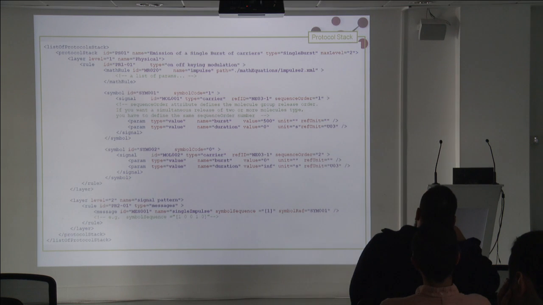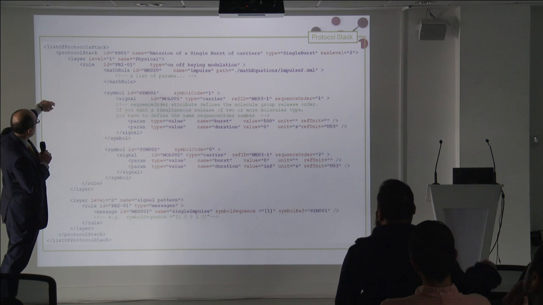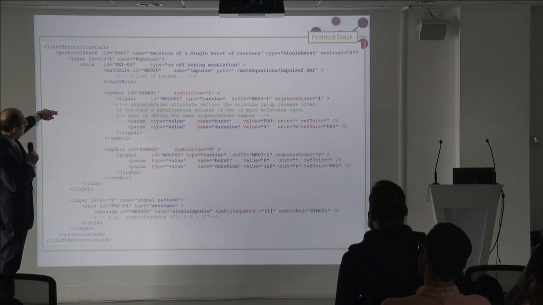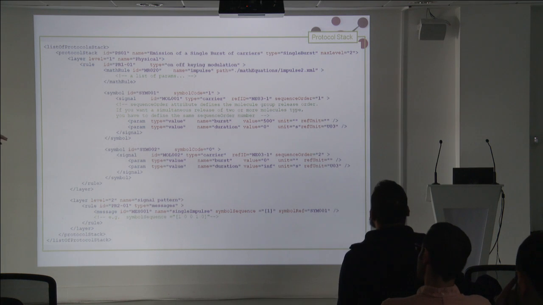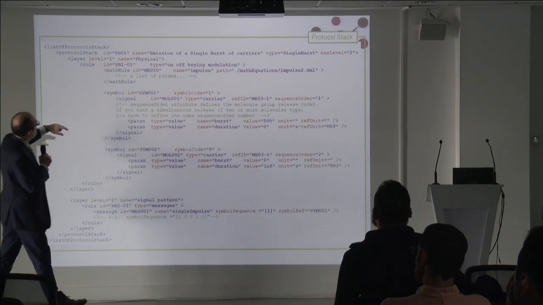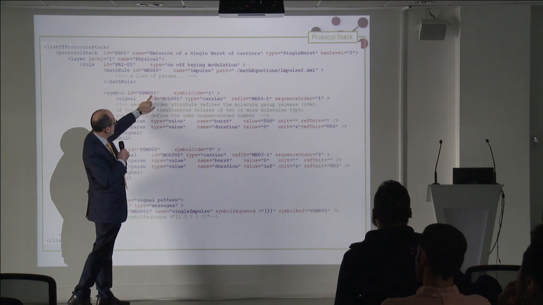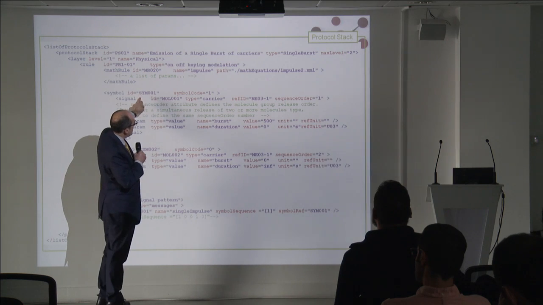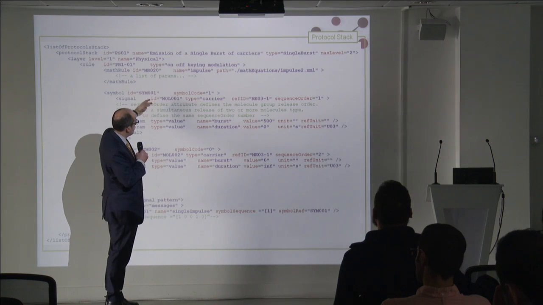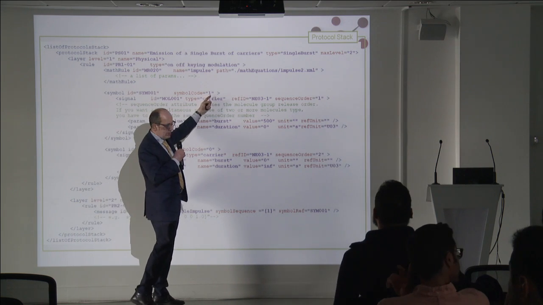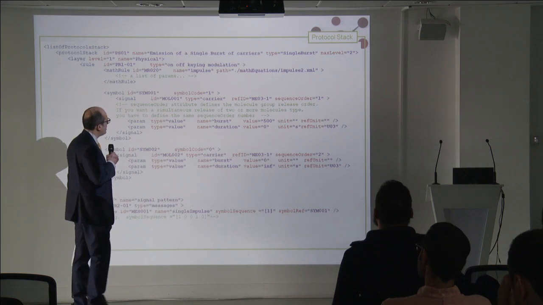In the physical layer, we illustrate how the symbols are represented by using carriers. For example, we have the symbol 1, the first type of symbol. The first type of symbol could be a binary 1.